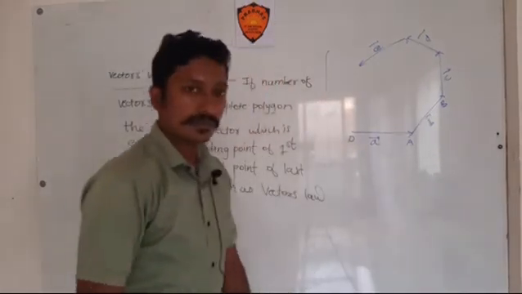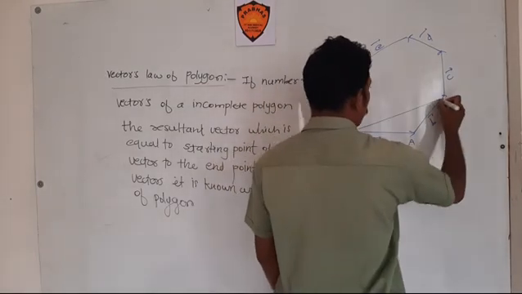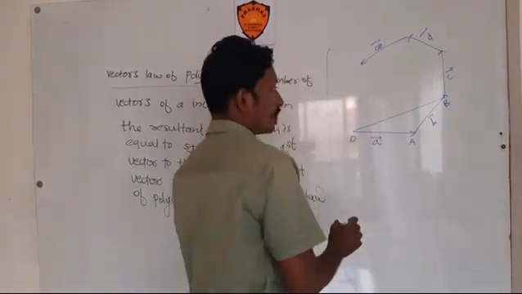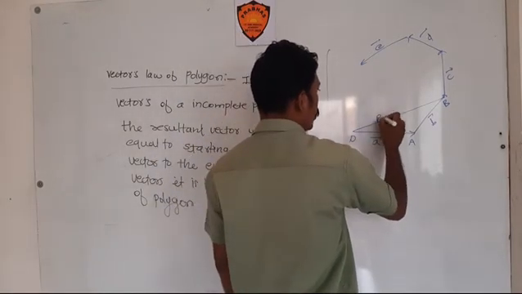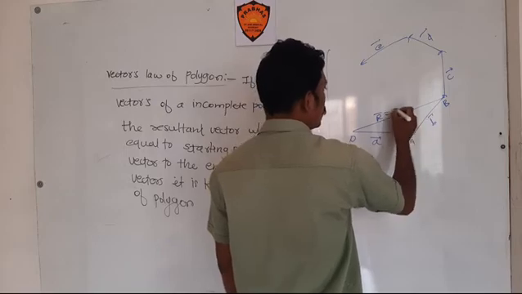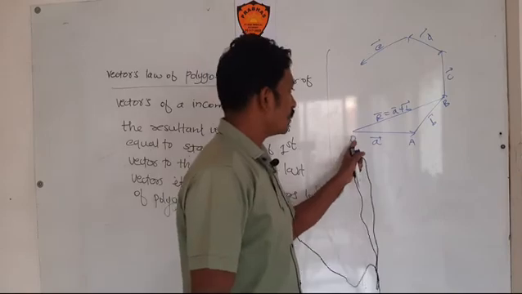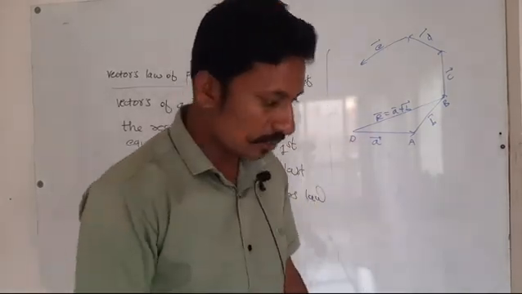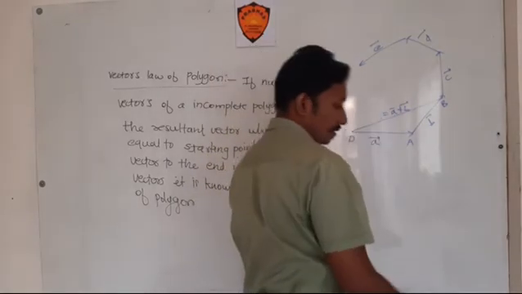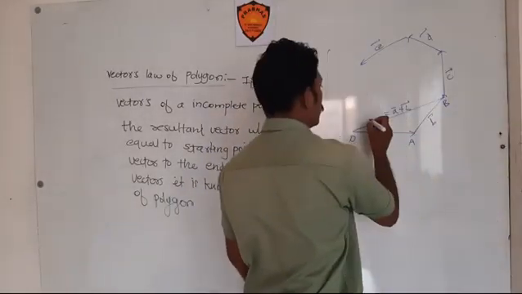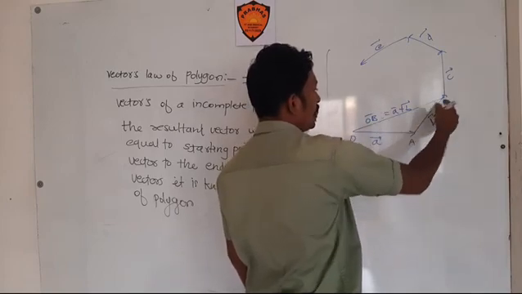Okay, according to this vector triangle law, R bar is equal to what, A bar plus B bar, right? The resultant OB bar is equal to A bar plus B bar, that is OA bar plus AB bar.